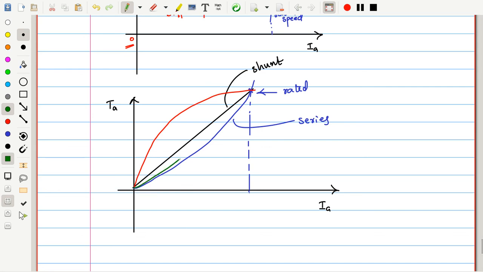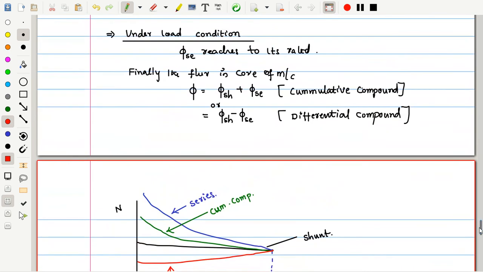This green color is the cumulative compound, whereas this red color is the differential compound. Observe where these characteristics lie: is it above the shunt or below the shunt, and below the series or above the series? This way, try to interpret these compound machine characteristics.